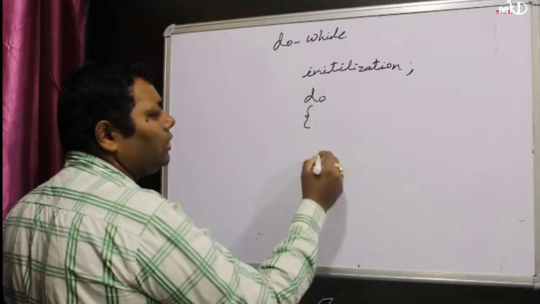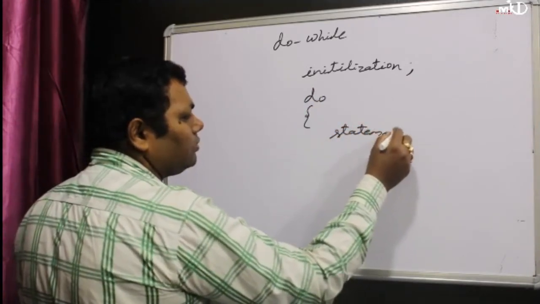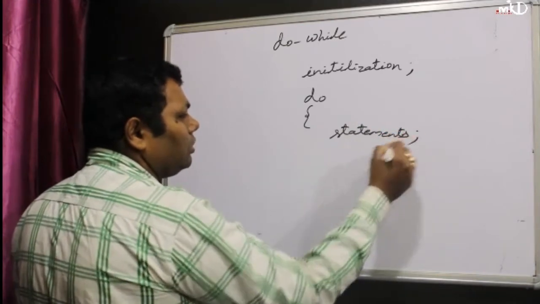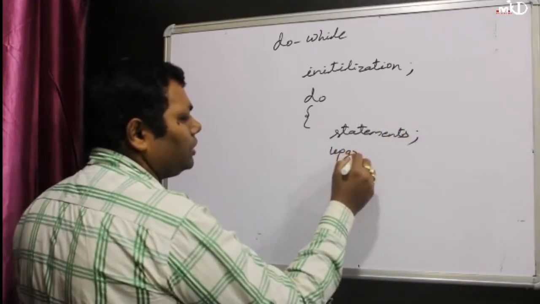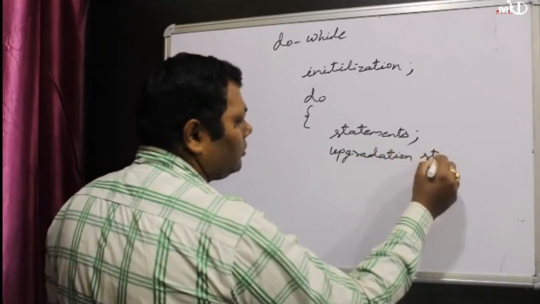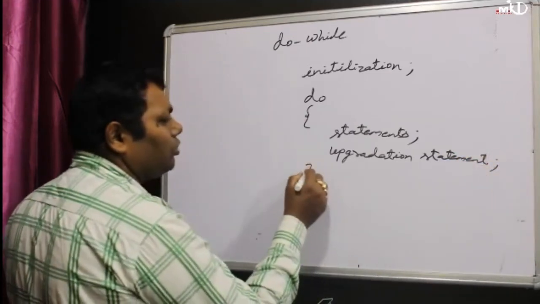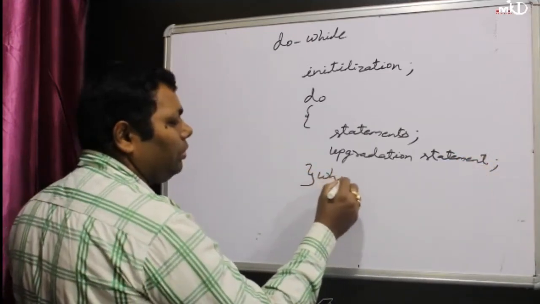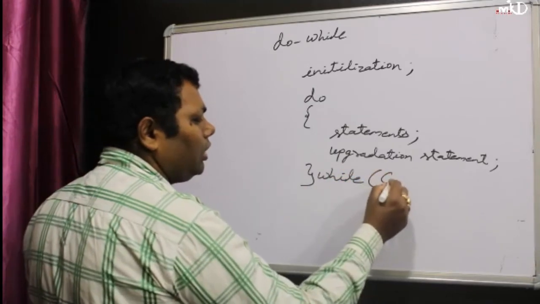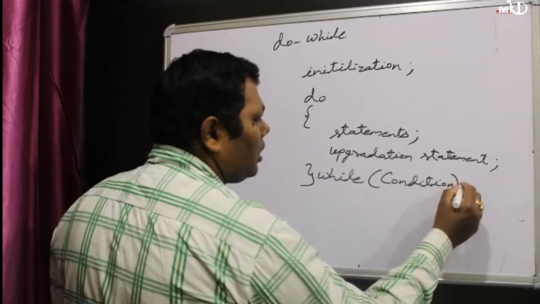Do, open curly braces, statements, upgradation statement, close the curly braces, then immediately write while condition, and after that a semicolon.